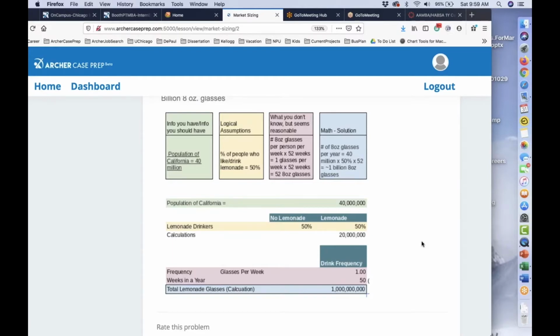Then I thought about those 30 million people in California, how many glasses they would drink a day of anything. I thought 3 glasses per day. I divided that into soda, non-carbonated, and water, and I put 60% of that would be water, 20% soda, and 20% non-carbonated.